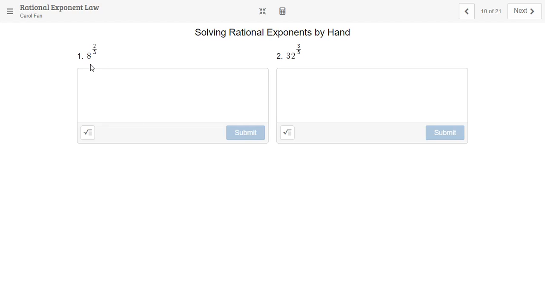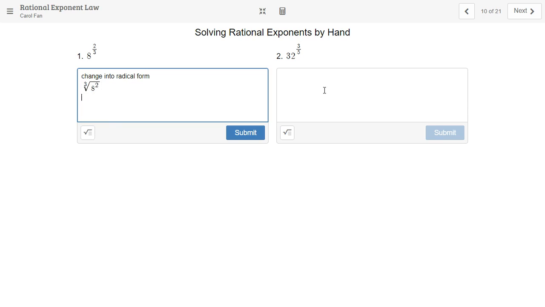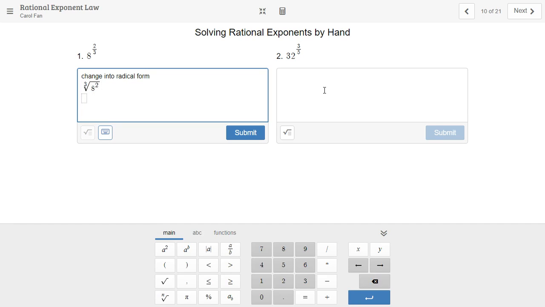I have 8 to the power of 2/3. First, I'm going to change this into radical form. So we have the third root of 8 to the power of 2. I'm going to rewrite 8 as a power with a smaller base.